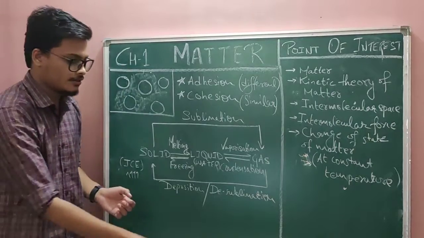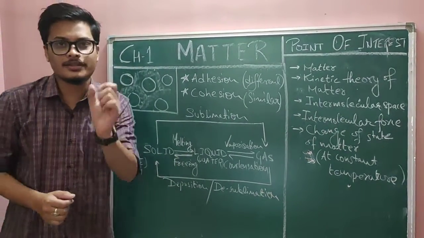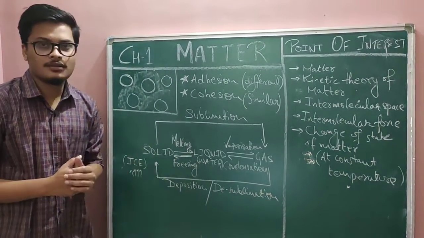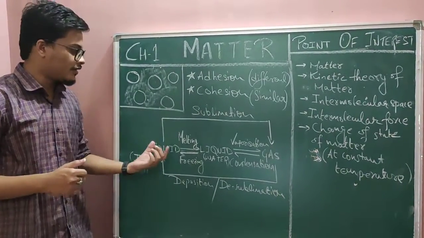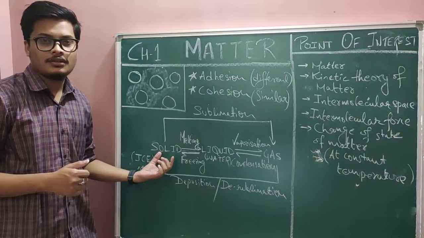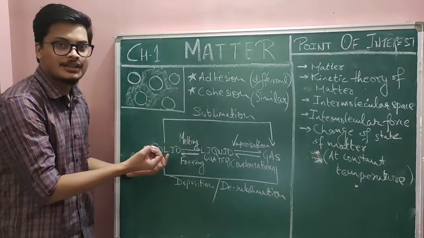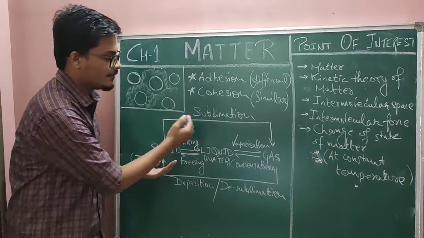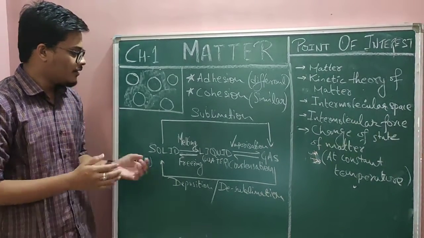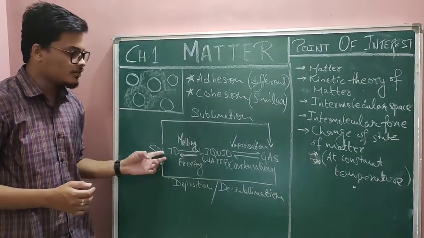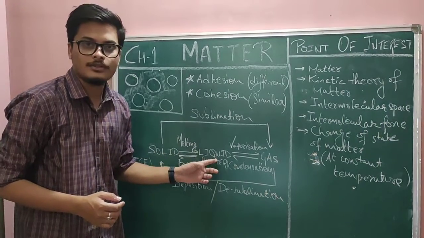And we call it melting. The process is called melting. So when will melting occur? If and only if a solid substance absorbs heat to transform itself to liquid. Means in a simple way, if you give heat to solid, solid will transform to liquid.